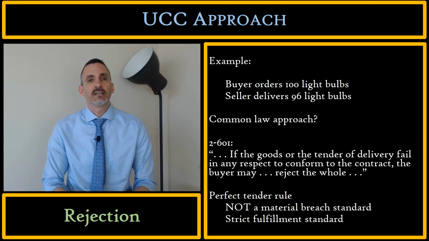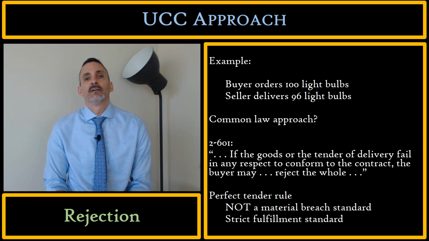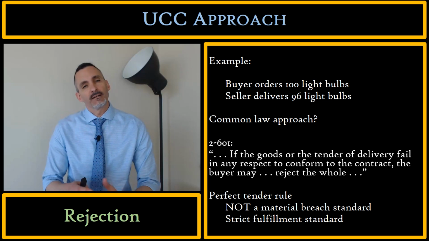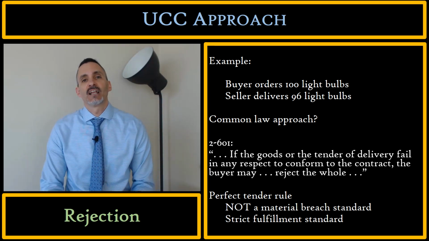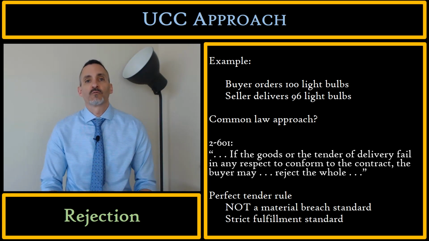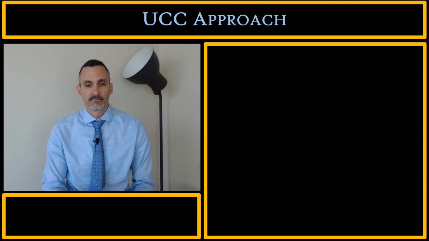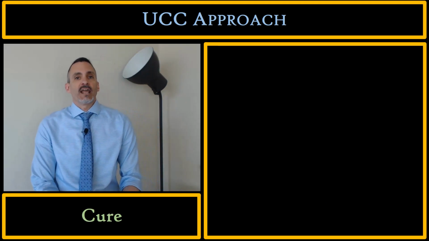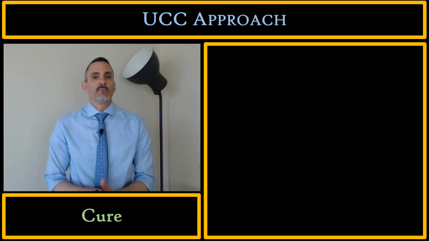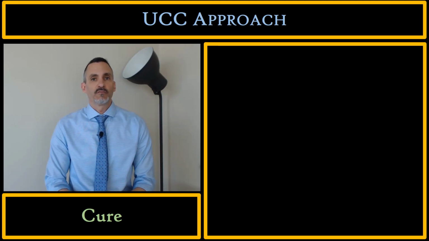The UCC does not adopt a material breach standard. And then we'll look at exceptions in a second, but let's just say this. The UCC does not adopt a material breach standard for seller's performance. Seller must strictly perform. It is called perfect tender. All right, so we understand that seller must strictly perform.